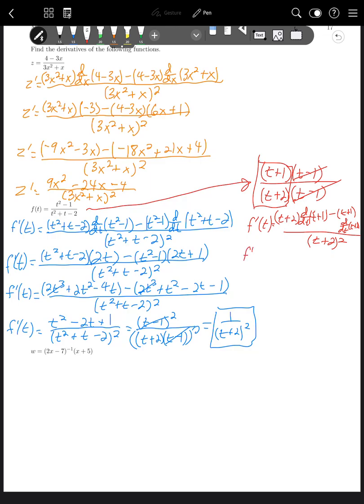So f prime of t equals t plus 2 times 1 minus t plus 1 times 1 over t plus 2 squared. So f prime of t equals t plus 2 minus t minus 1 all over t plus 2 squared, and then that gives you exactly the same answer as the one we did before.